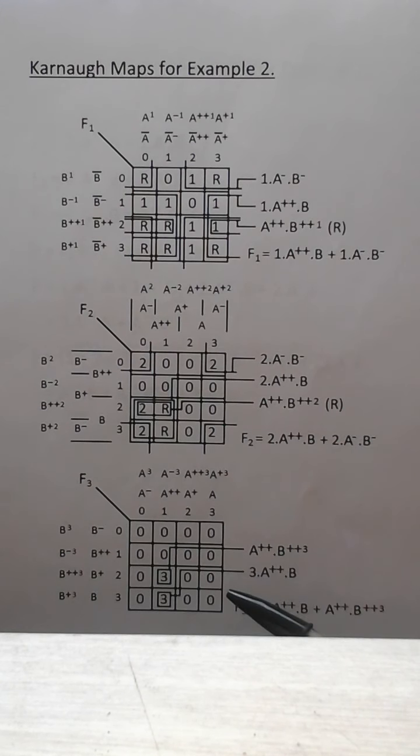So for this coordinate in the Karnaugh map here, this 3 equals 3a plus min 3 min a plus min b.